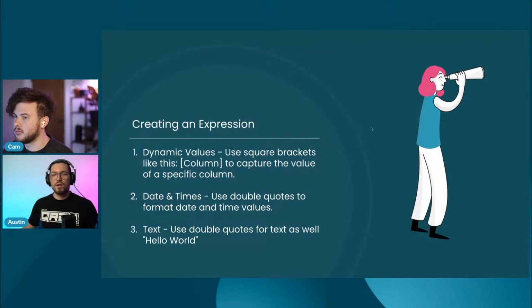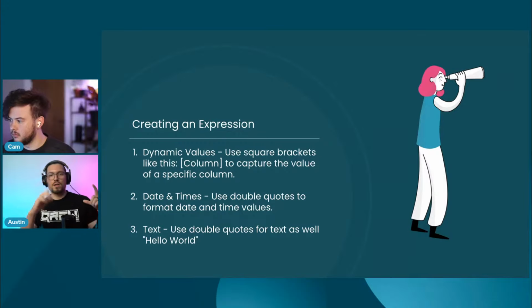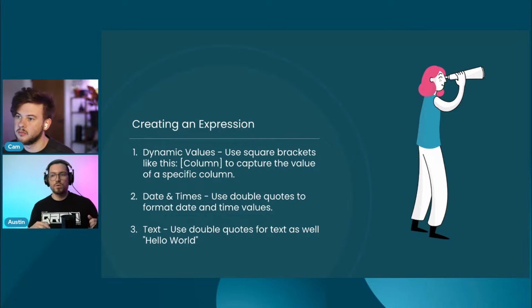All right, so creating an expression. We have dynamic values, date and time values, and text values. These are pretty basic and simple ways to use expressions. With dynamic values, you're going to use the square bracket columns, right? You want to make sure you're capturing each record from a specific column, and you can do that in AppSheet by using those square brackets.